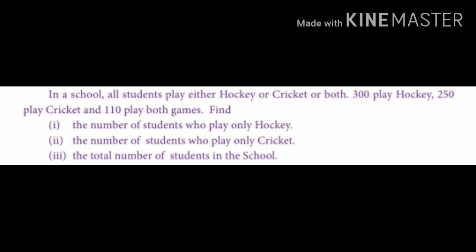So this question is like the first one. You have to find the number of students who play only hockey, then only cricket, and then the total number of students, which means you have to add the three answers: hockey only, cricket only, and the intersection part. Clear? Like the first one, use a Venn diagram for the first question.